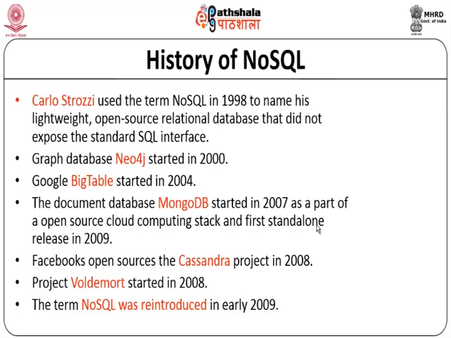Google came up with Bigtable in the year 2004. Then a type of document database called MongoDB was started in 2007 as part of an open source cloud computing stack, and it became the first standalone release in the year 2009.